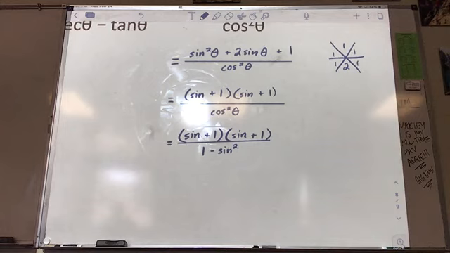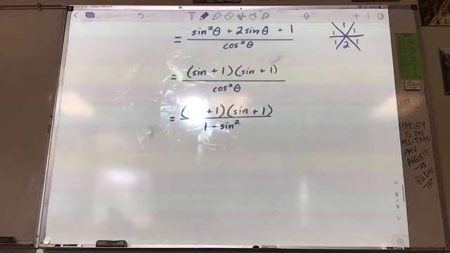On the bottom there, that is something called difference of squares. Difference of squares we worked with before. A plus b, a minus b. Like if I had x squared minus 25, you can turn that into x plus 5, x minus 5. So I have two things that are being squared on the bottom. I can change that to 1 plus sine, 1 minus sine.